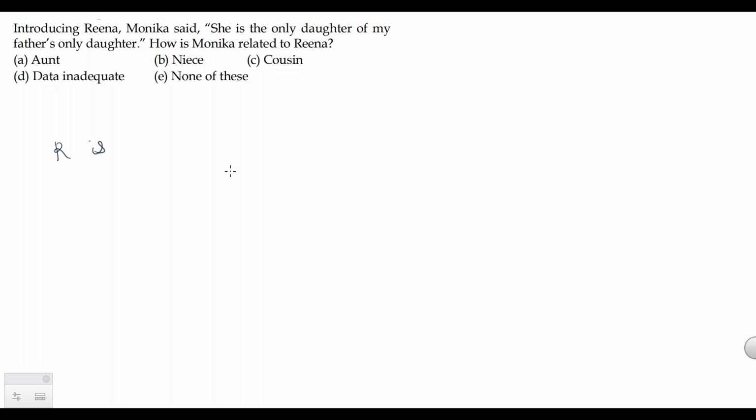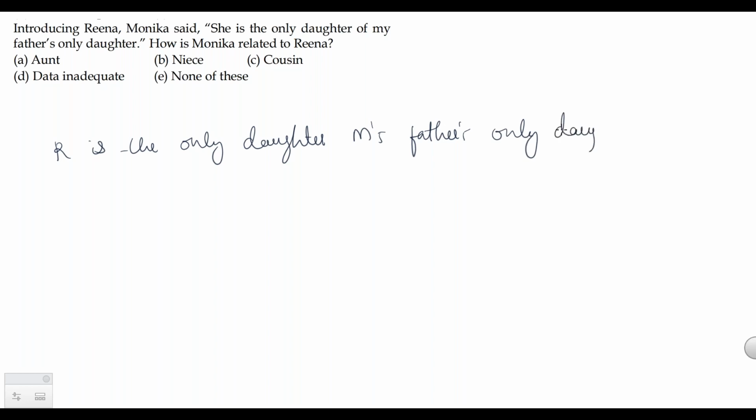Reena is the only daughter of my father's... The only daughter of my father's. Who is that? Monica's father's only daughter.